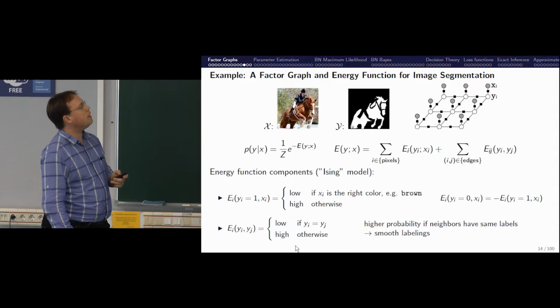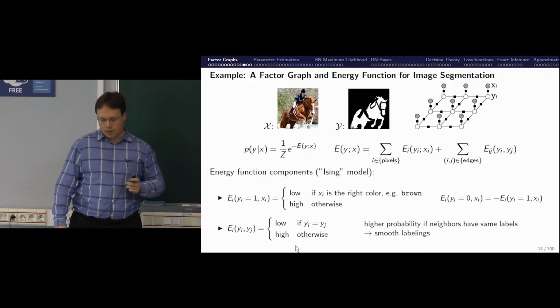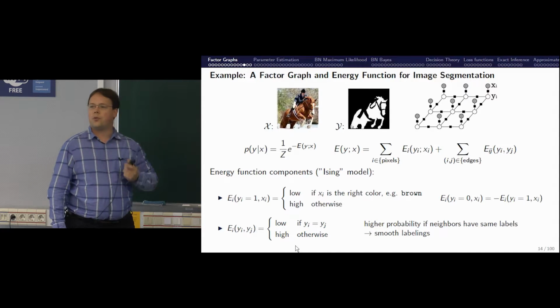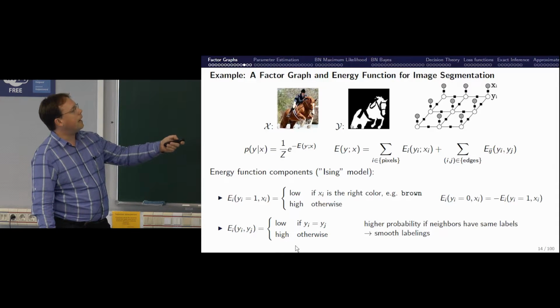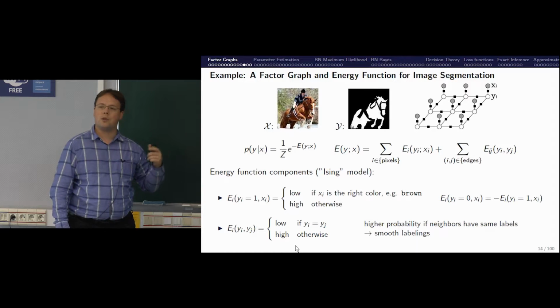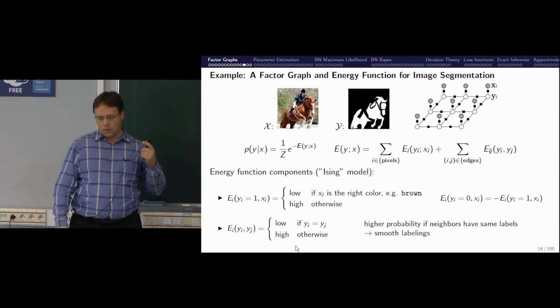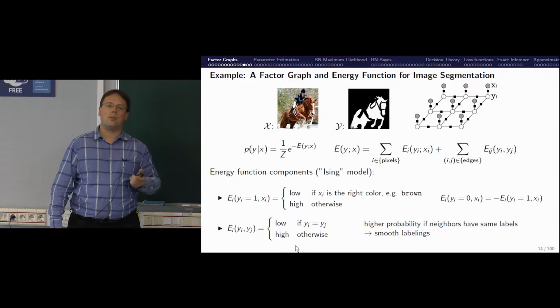And now the most famous Ising model for image segmentation says, define these terms for the energy function, define these factors, potentials, and they're going to be defined as follows. If you have a single location at a time, then the energy value of foreground at that location will depend on the pixel value.